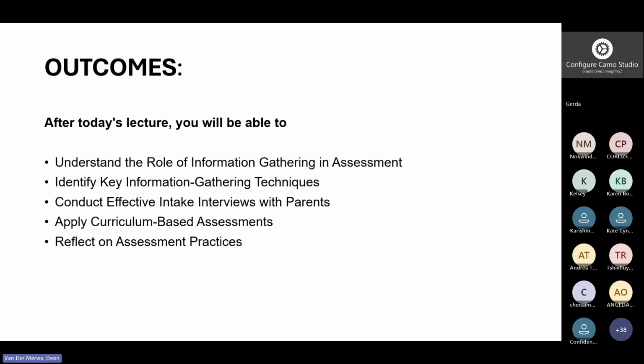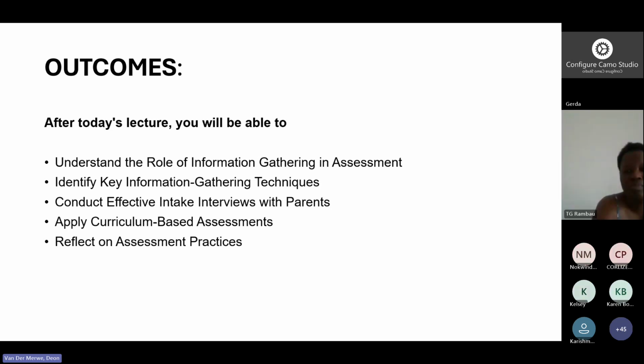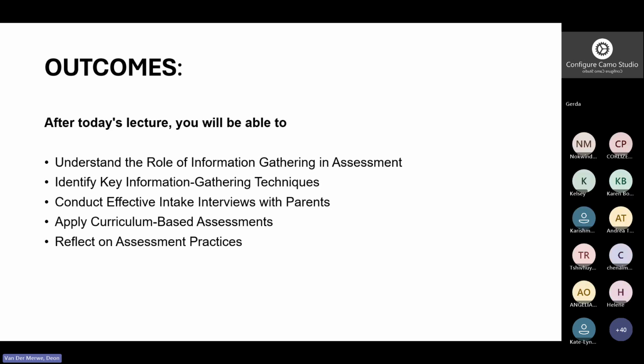You will also be able to conduct effective intake interviews with parents, which is part of the first assignment, which required you to collect background information on the struggling learner which you have chosen, and then also apply curriculum-based assessment in order to track and evaluate the learner's progress, as well as reflect on assessment practices.